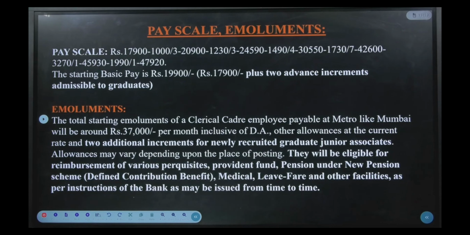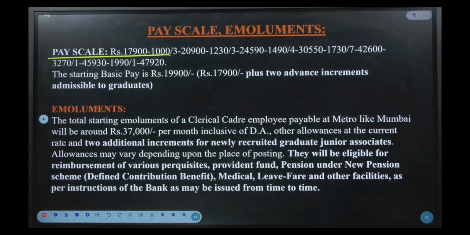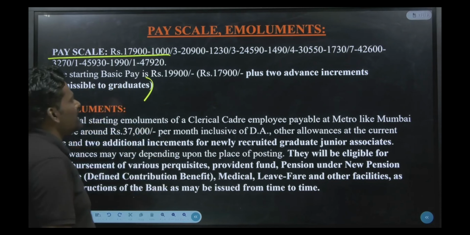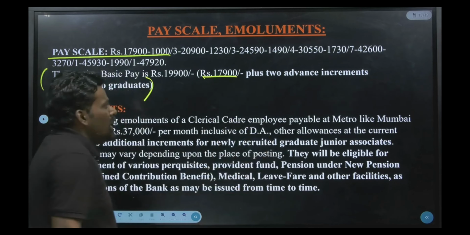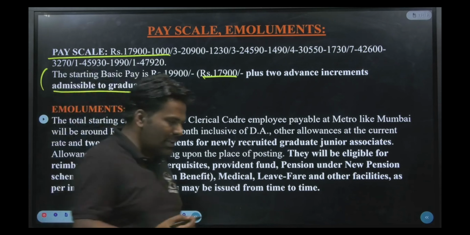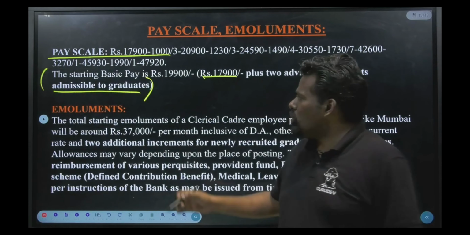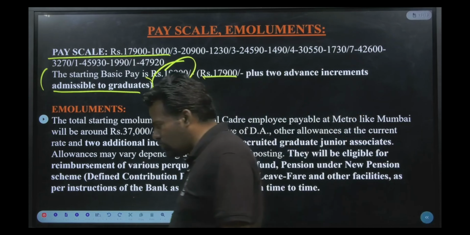Now coming to the pay scale or emoluments, the pay scale is given here. The starting pay scale is basic pay, that is rupees 17,900. Here they have given one important thing: the starting basic pay is rupees 19,900. Actually the basic pay is 17,900, plus 2 advance increments admissible to graduates. Usually the candidates who are eligible are graduates only, no? So 19,900 will be the basic pay which you will get as a junior associate.